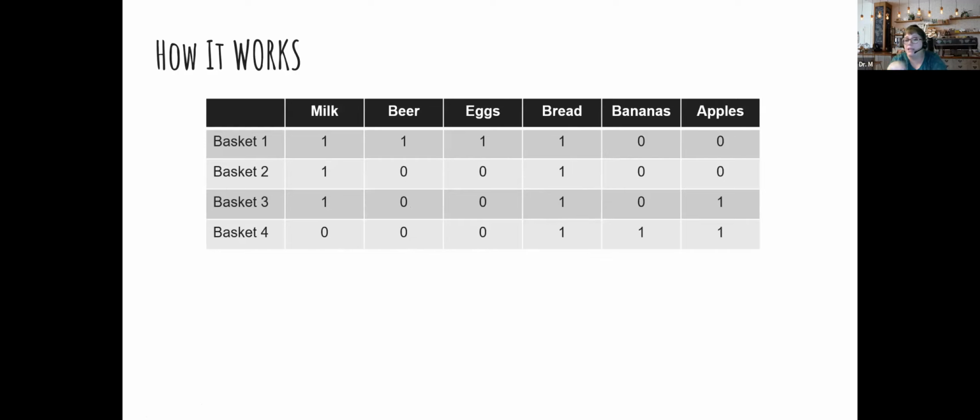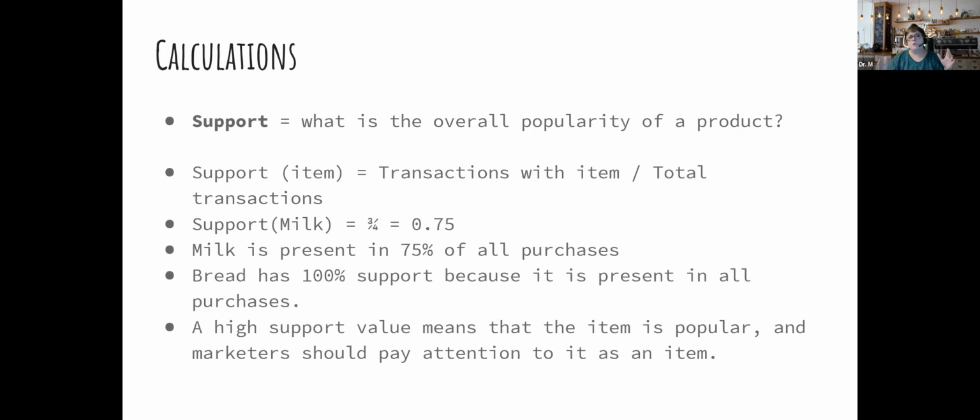Using this very simple set, we can actually apply the formulas for the metrics that I spoke about earlier. So let me show you how that works. Support: what is the overall popularity of the product? You're looking at support of an item, and the way that you do it is you take the transactions that contain the item and divide by total transactions.